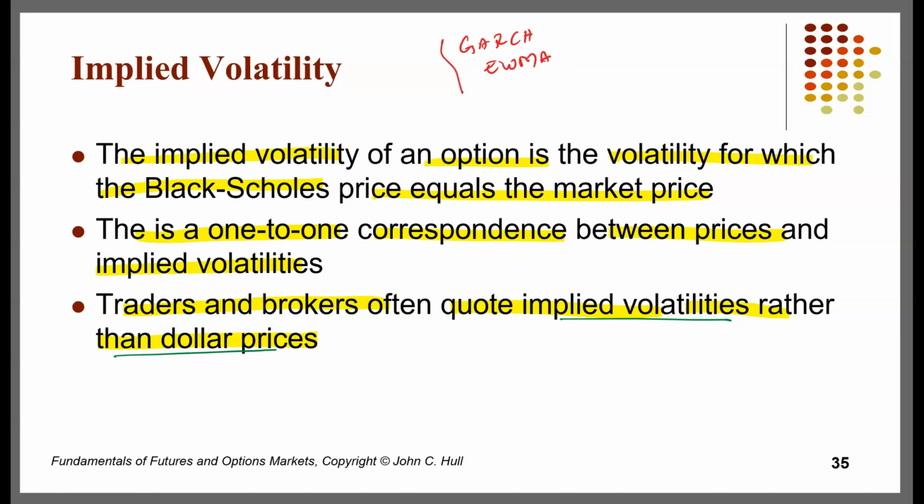But these are just estimates, right? So the true measure of volatility is unknown. And so in the market, in practice, the price of the option that is quoted is really the implied volatility. People are willing to pay X amount for a call option.